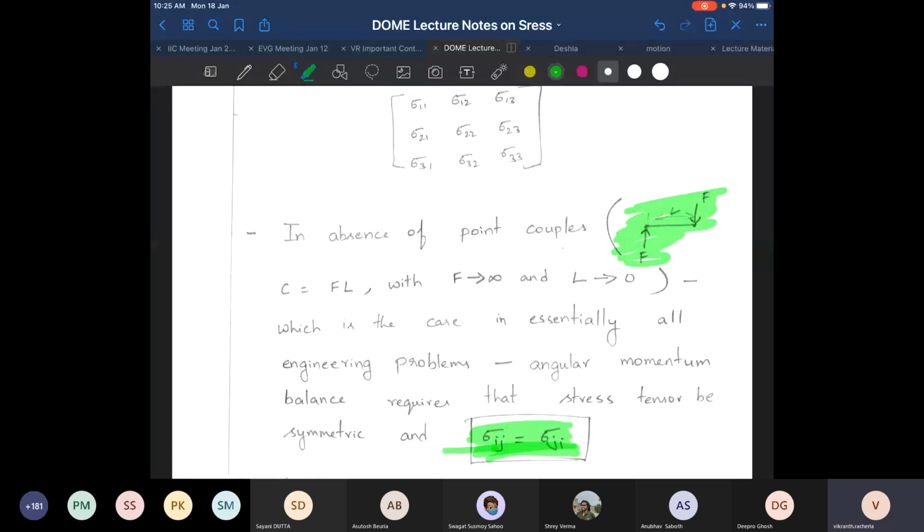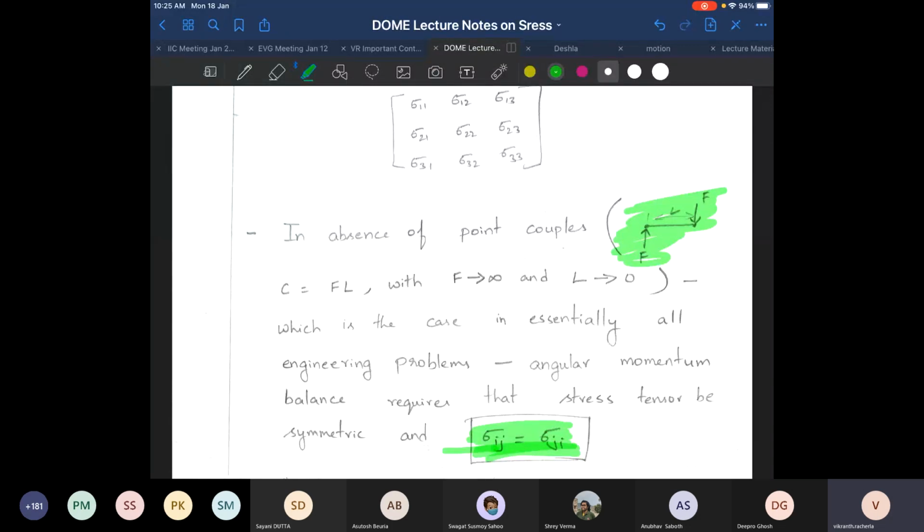In a body, I can pick any arbitrary volume of the material. How many scalar moment balance equations will I have? 3. You will have 3 scalar moment balance equations, and those 3 equations will give you 3 constraints.